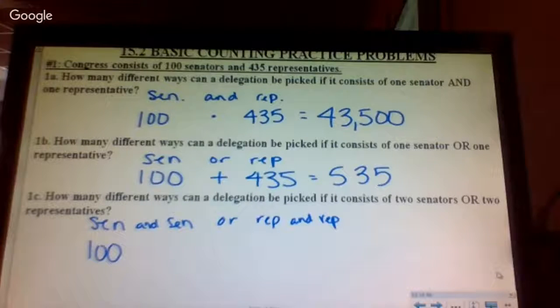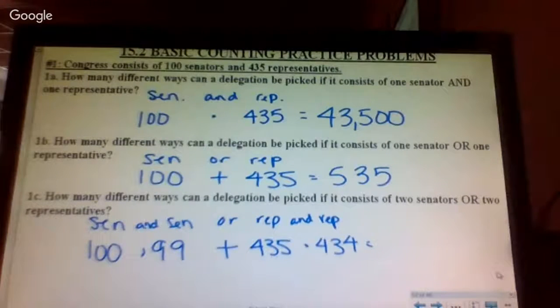Why 99? If JR is a senator, he can't be the second senator, so it has to go down by 1. Plus representative, 435 times 434.